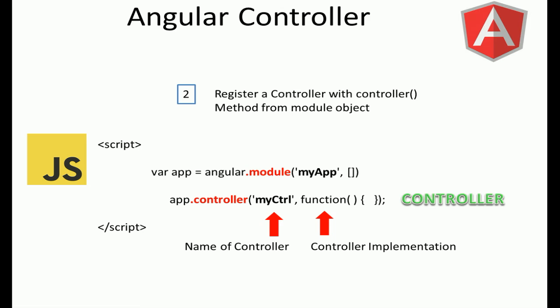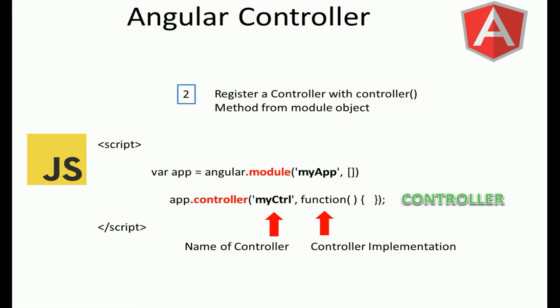This is step number 2, to register a controller with the Angular application module. The controller method is one of the methods available in our Angular module object. The controller method accepts 2 parameters. Parameter 1 is the name you want to give to your controller.